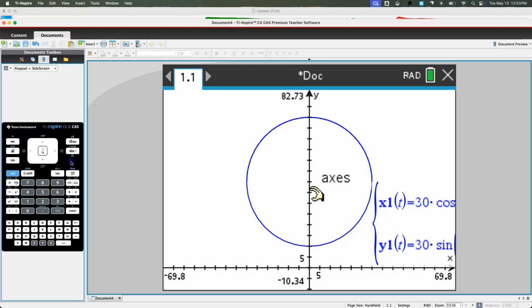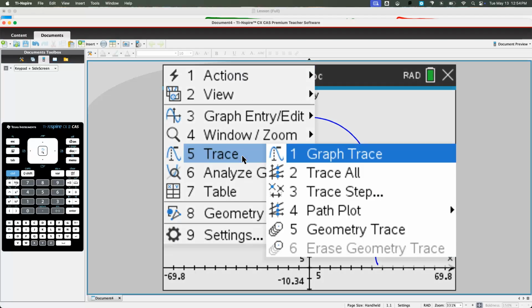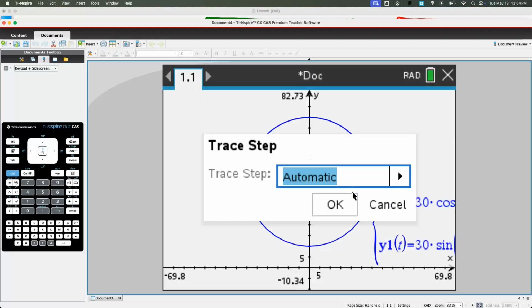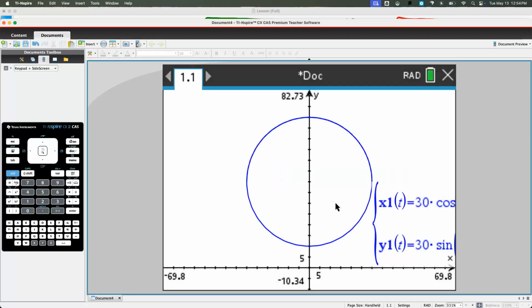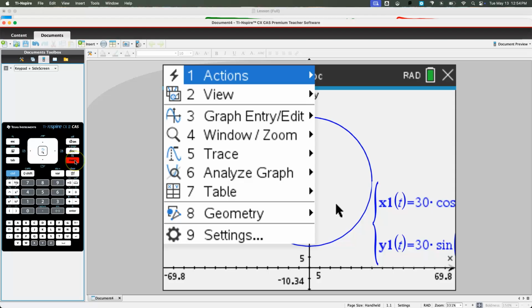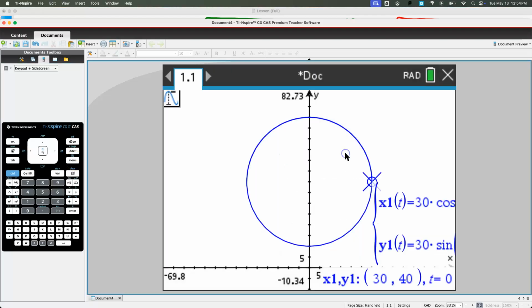Now, when we trace, I'm going to trace step by ones, because I don't want to go by tenths. I want to go by full seconds. And now, when I trace this, so there's my position at 0 seconds. We are 30 feet to the right and 40 feet off the ground. Okay?